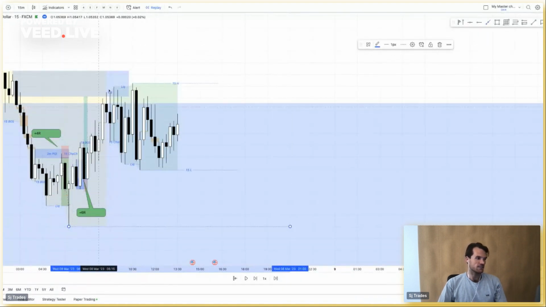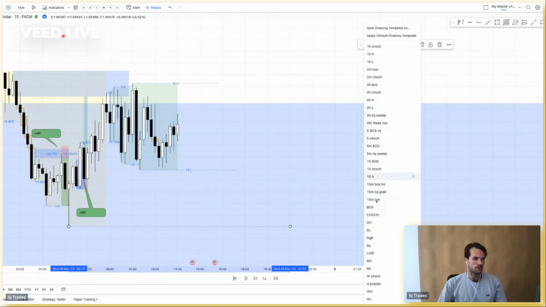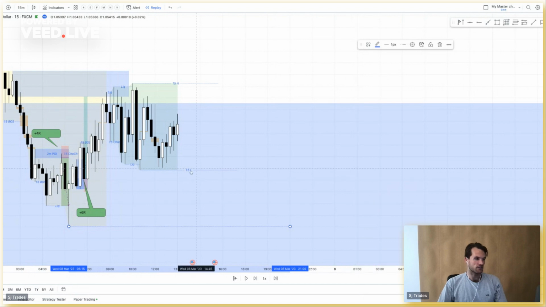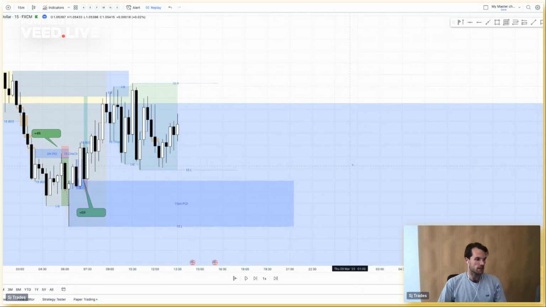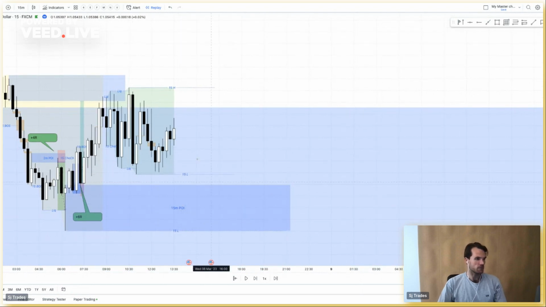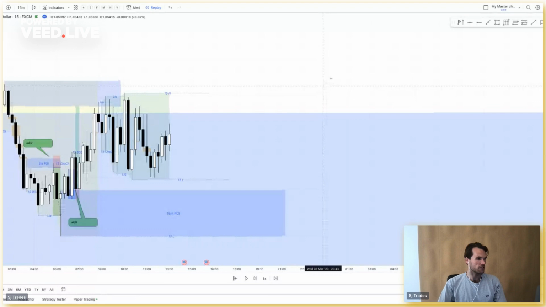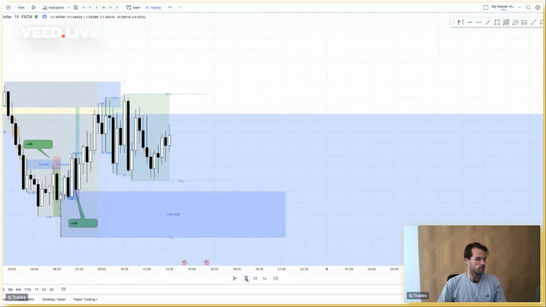I would say this is the main leg because we haven't had a proper breaker structure. I would say this is the external low and this is the internal. And we've still got this huge 15-minute demand wick that's been untapped that we could easily come into and get a 15-minute choch out of. Right now, there's no trades for me here.